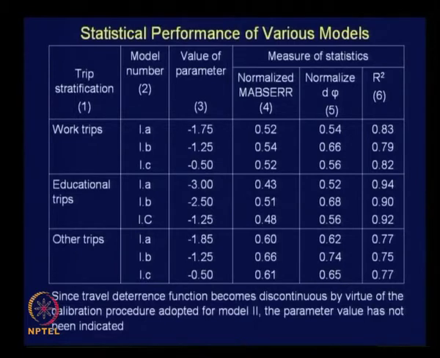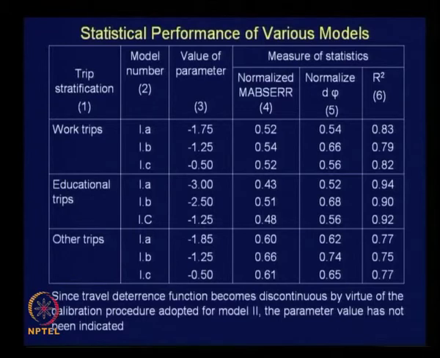The extent of travel deterrence, Dij raised to power some negative quantity, is it not, or the numerator Dij normally should come in the denominator, because it is raised to some negative value, right. And when the negative value is higher, what is the meaning? Travel deterrence is more, obviously, is it not.